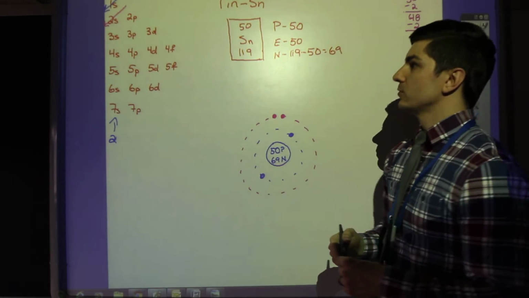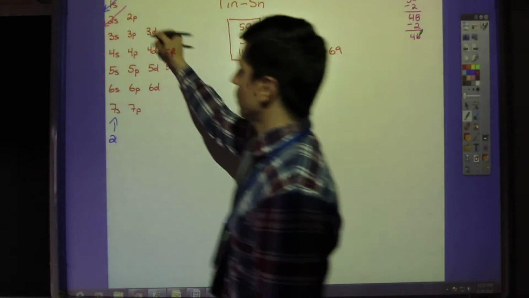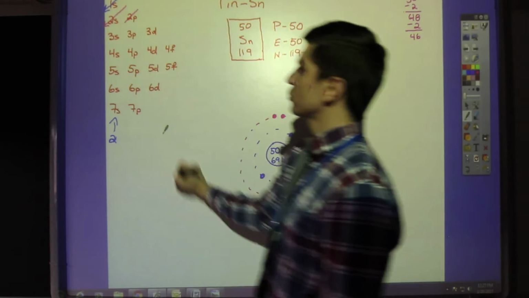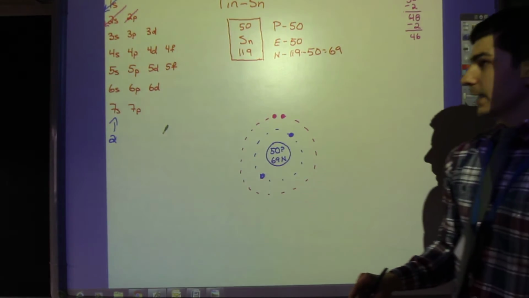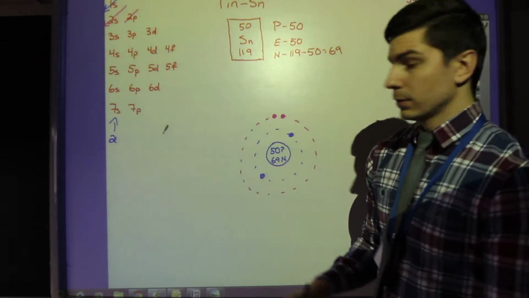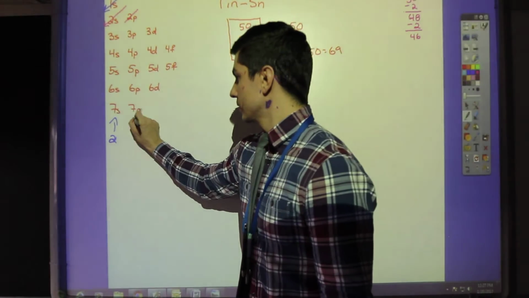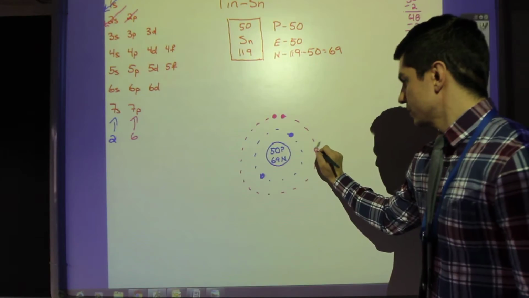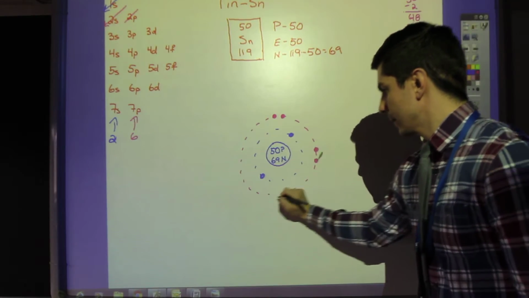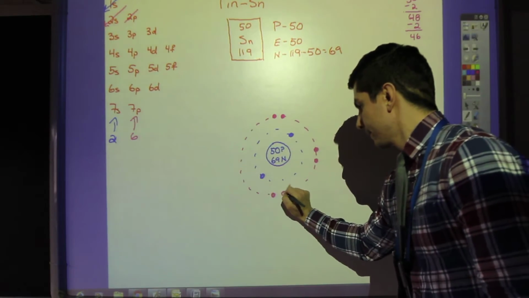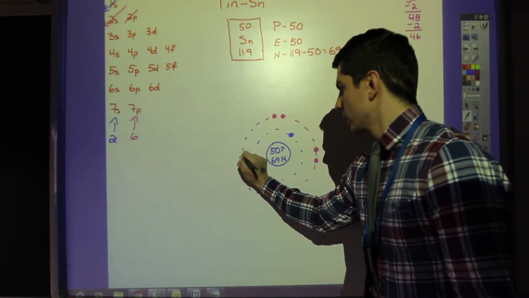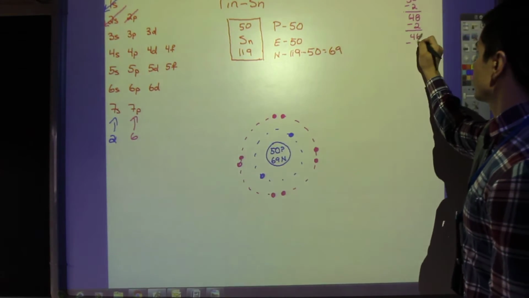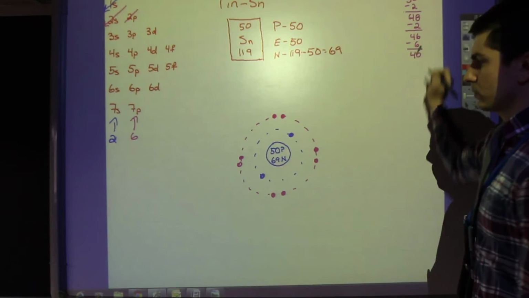After 2s, let's move to our next arrow. That's going to be 2p. And if you recall from last chapter, the p's are going to hold 6 electrons. So let's put our 6 in the second one, and subtract our 6, and we have 40 left to put in.